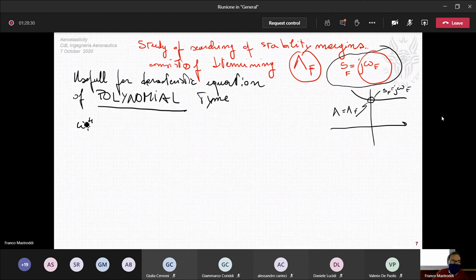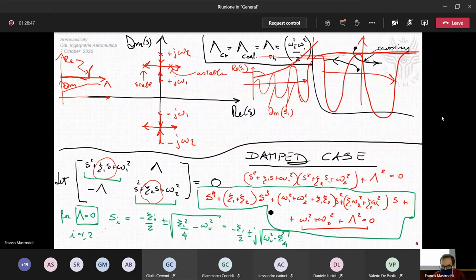And this is the first contribution. Then you have another contribution multiplied by omega 1 squared plus omega 2 squared plus zeta 1, zeta 2. This is given by this. I am separating this part, and this part as real part, of course.